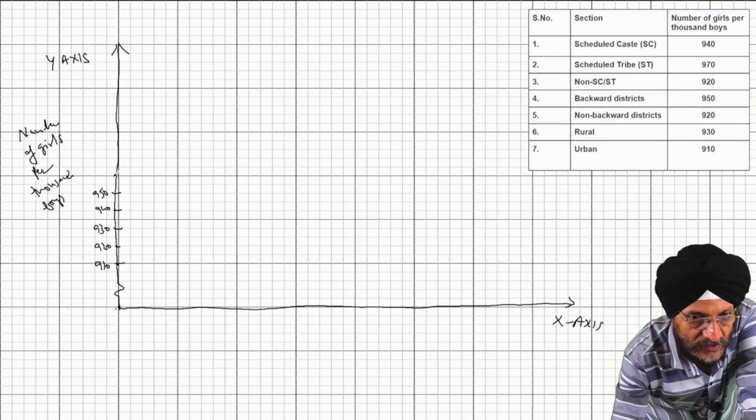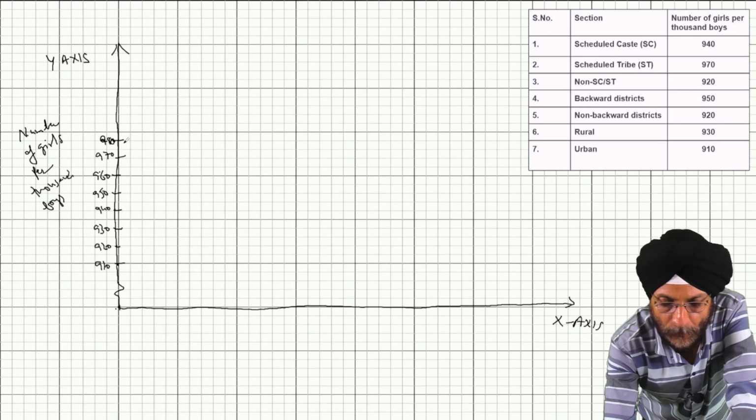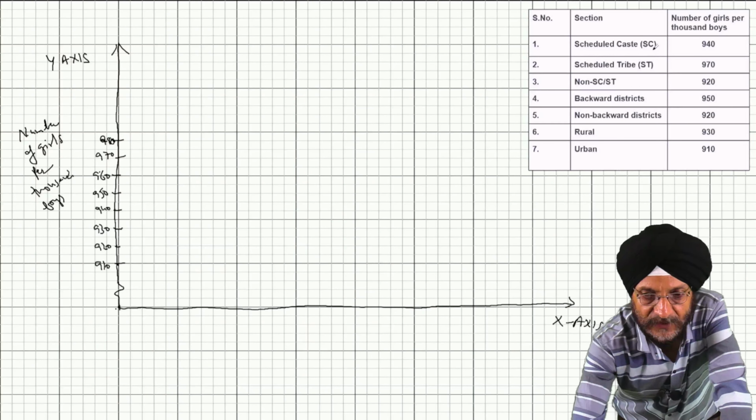So we will mention the same on the graph, so that we can take it up to say 980, so that we can form the proper graph.